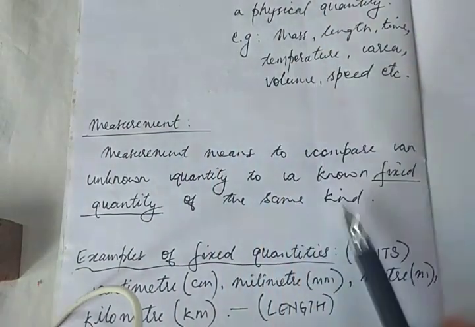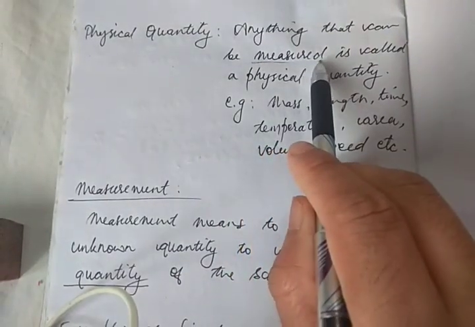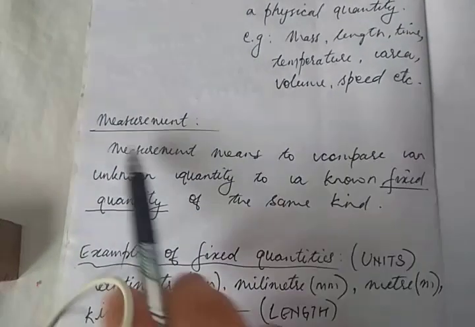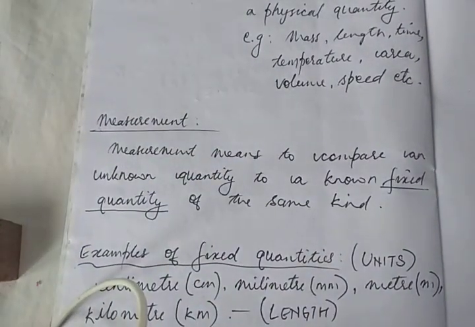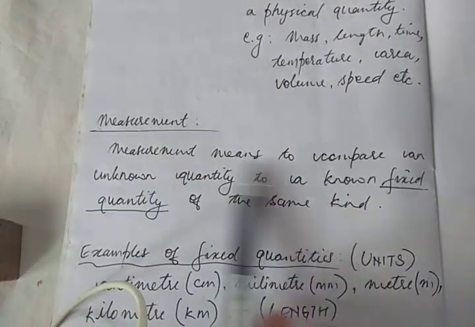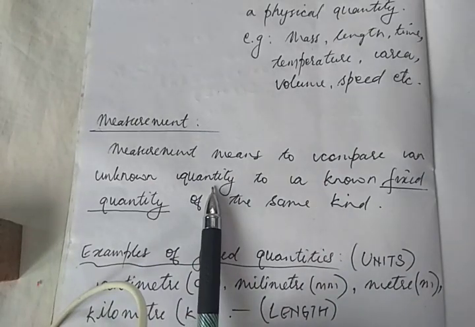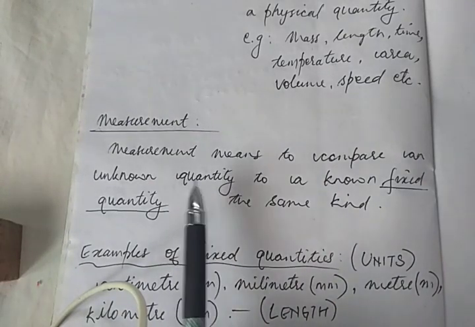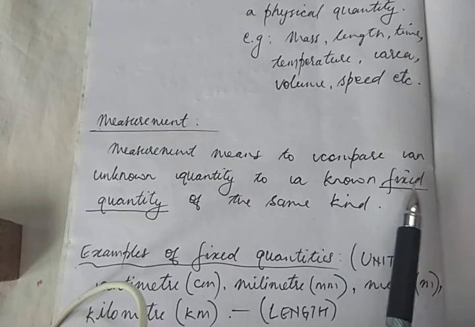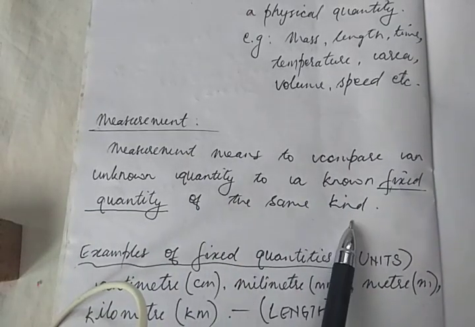Since we've said anything that can be measured is called a physical quantity, and we've used the word measured, we need to talk about what measurement actually is. Let me read out the statement that I've written over here. Measurement means to compare an unknown quantity, the thing that is to be measured, to a known fixed or standard quantity of the same kind.